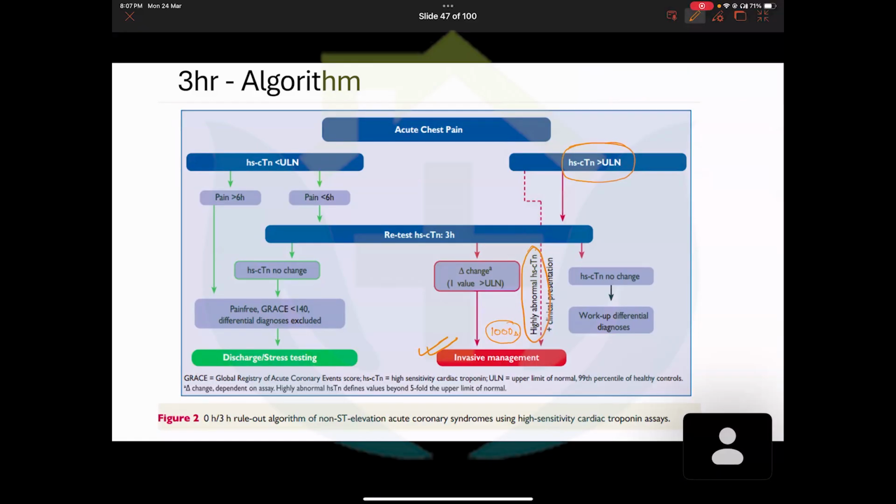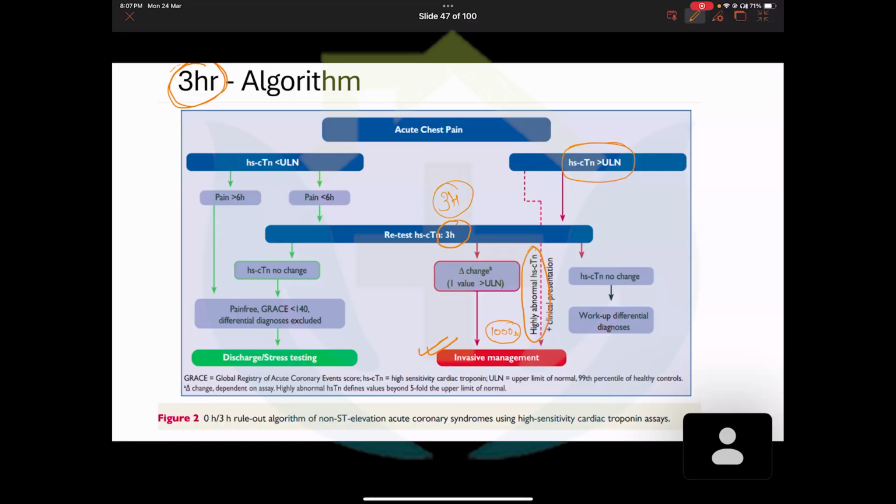It is obviously an ACS. But if it is raised, the cutoff was around 4 to 6, so if it is something like 100, then repeat it at 3 hours. That is why it is called the 3-hour algorithm, because you have to repeat it at 3 hours.